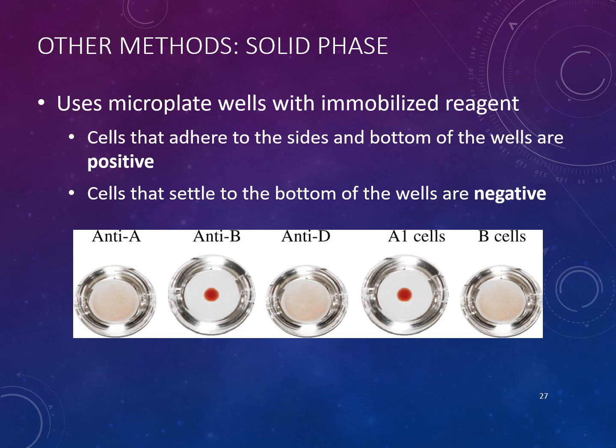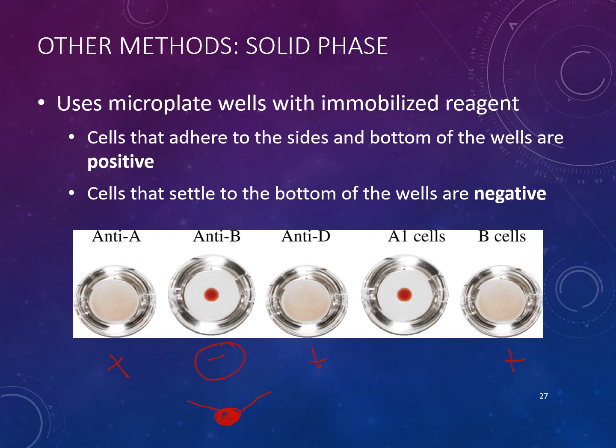So for a positive reaction, you will see the whole bottom of that well coated. For a negative reaction, when you spin this down, all the cells flow down the sides of those wells and migrate down until they form one little button in the bottom of that well. This would be considered a negative reaction, and these are all positive reactions.